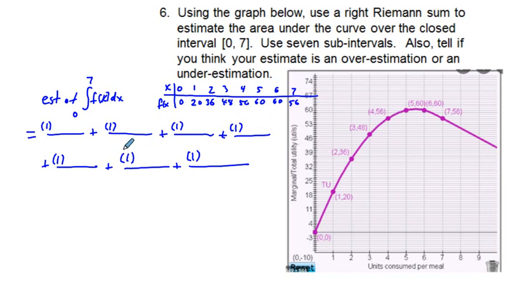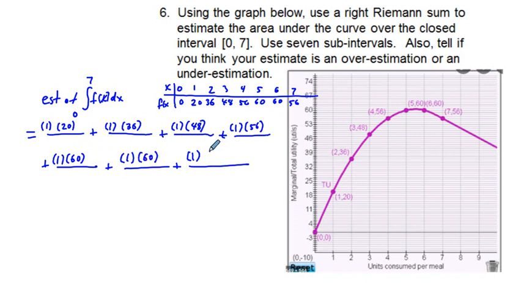So we're going to use the right values here. 1 times 20. The next one is going to be 1 times 36. Then 1 times 48. 1 times 56. 1 times 60. 1 times 60.